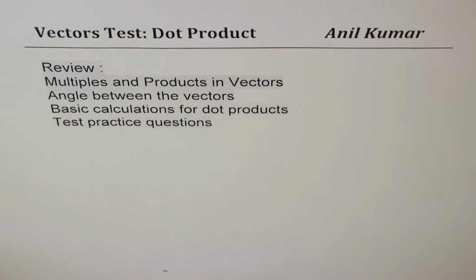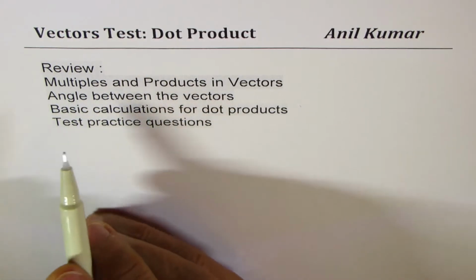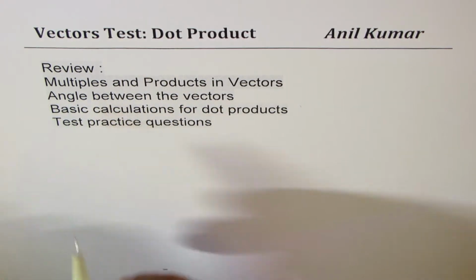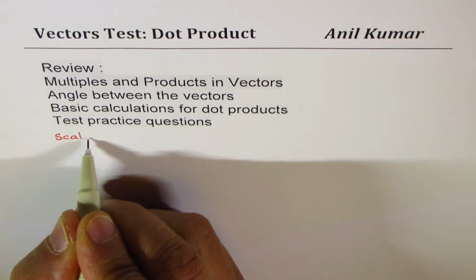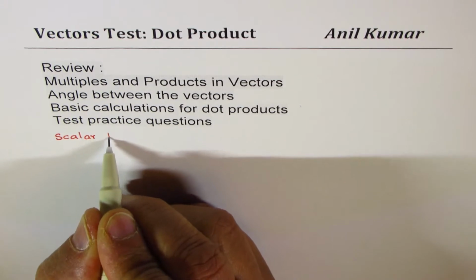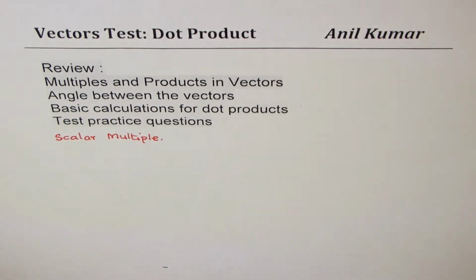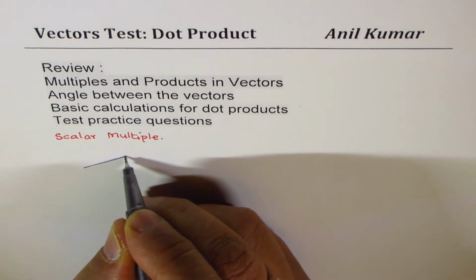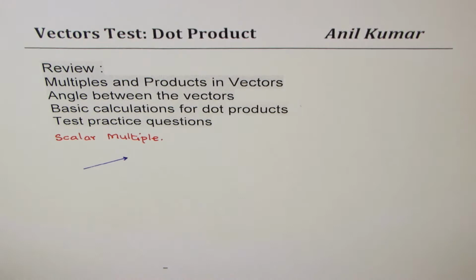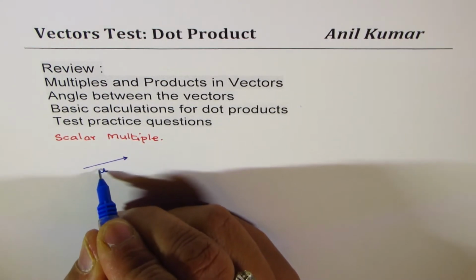So let's figure out what we have learned about multiples and products in vectors. Multiples, you have done scalar multiple, right? This term is very familiar to you. It really means that if I'm given a vector, let's call this vector u.